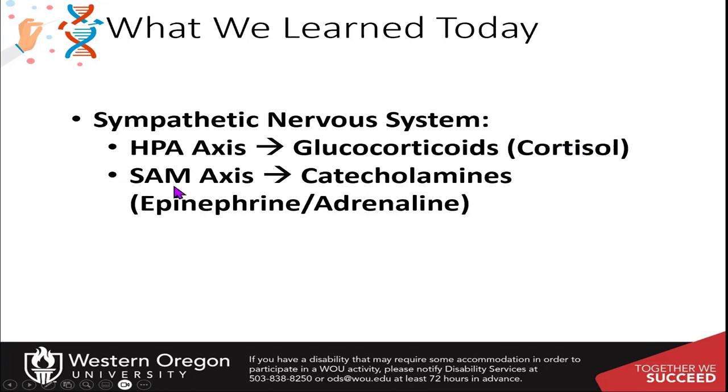The SAM axis is going to go from the brain down the spinal column to the adrenal gland, and it will hit the medulla part of the adrenal gland and activate the release of catecholamines, which in this case is the adrenaline or epinephrine. So that is called a catecholamine from its chemical structure.